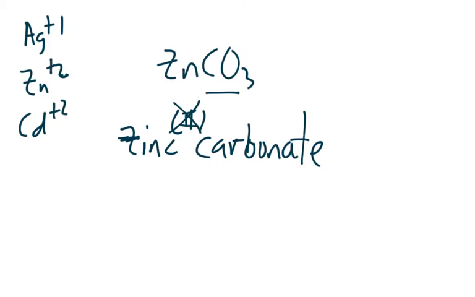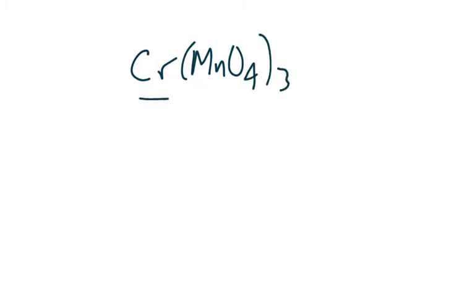Okay, let's try another one here. How about CrMnO43? So first, the minute you realize that Cr is a transition metal and it's not silver, zinc, or cadmium, you know it needs a Roman numeral. So this is chromium.